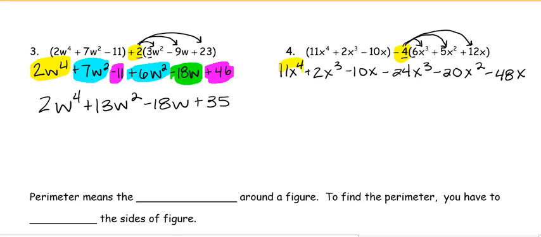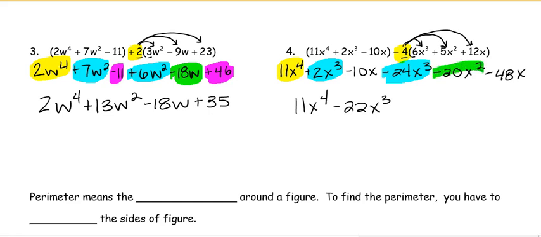So we start with the highest exponent. Again, this is 4. I don't see any other 4s, so let's just bring that one down, 11x to the 4th. We have x to the 3rd power. So 2x to the 3rd minus 24x to the 3rd is negative 22x to the 3rd.